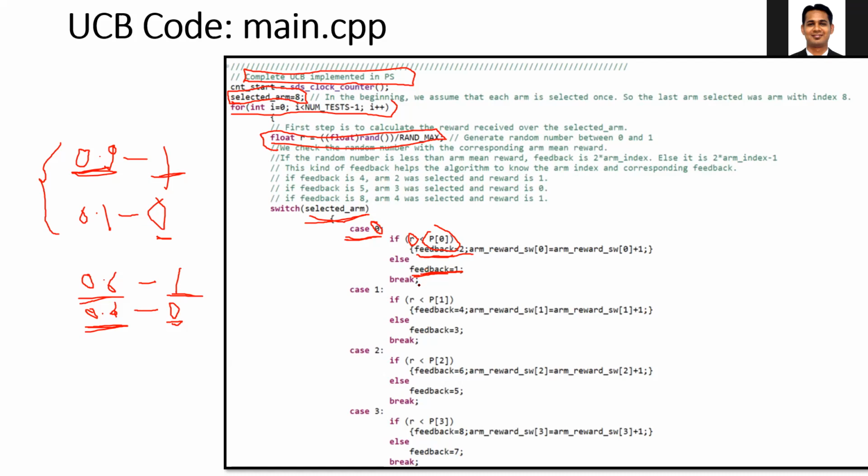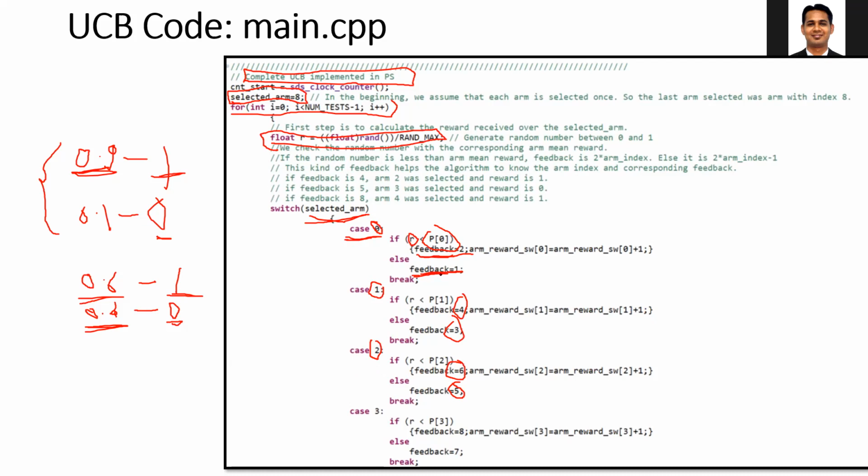Here, when the case is equal to 1, the feedback can be 3 and 4. When the selected arm is equal to 2, the feedback is 5 and 6. Based upon the range of the feedback, whether it is 1 2, 3 4, 5 6 or 7 8, the algorithm identifies which arm was selected.